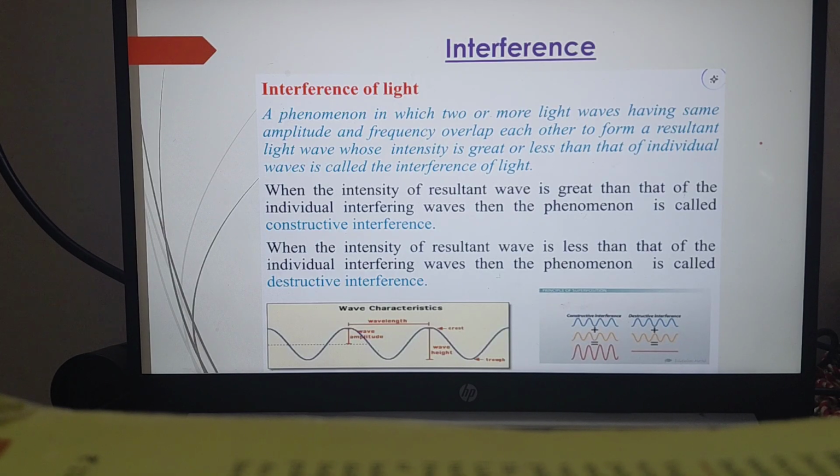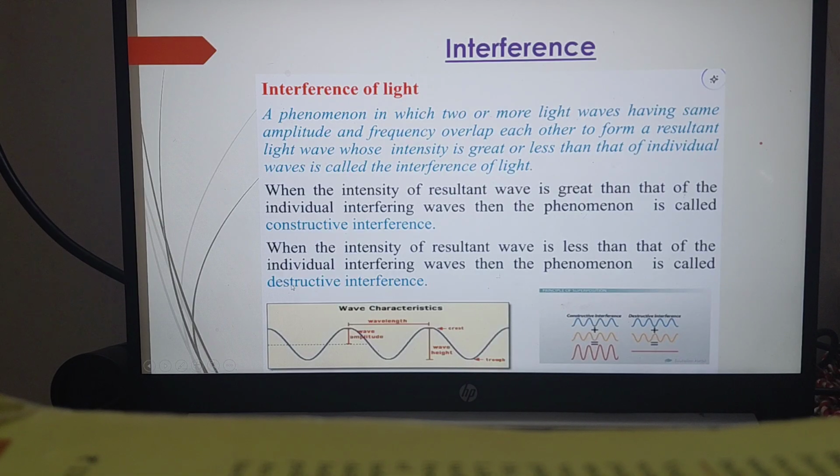One is constructive interference and the second one is destructive interference. So what is constructive interference? When the intensity of the resultant wave is greater than the individual interfering waves, then the phenomenon is called constructive interference.